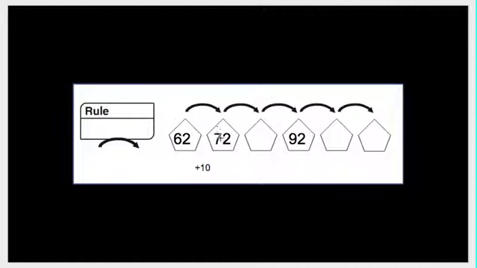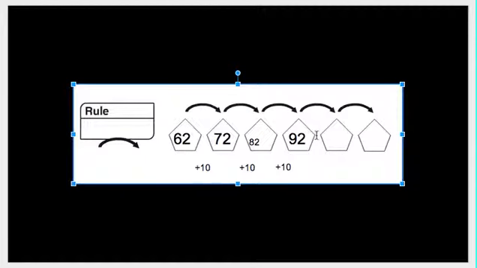We also know that if we were to go 72 plus 10, that would give us 82 in this box. So 72 plus 10 would give us 82. We also know that 82 plus 10 will give us 92. All right?